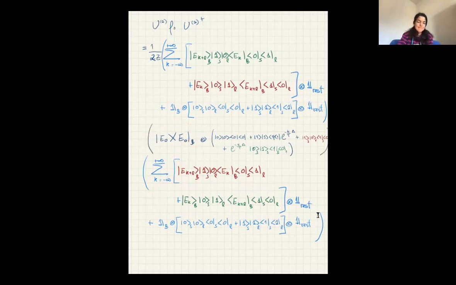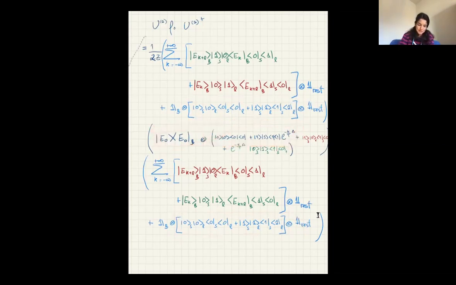Now, the other thing you have to see when you look at this is that this term will do nothing to this, so we'll just keep it as it is, and the same will happen here, right? So this thing is going to survive as it is with the same E0 there.